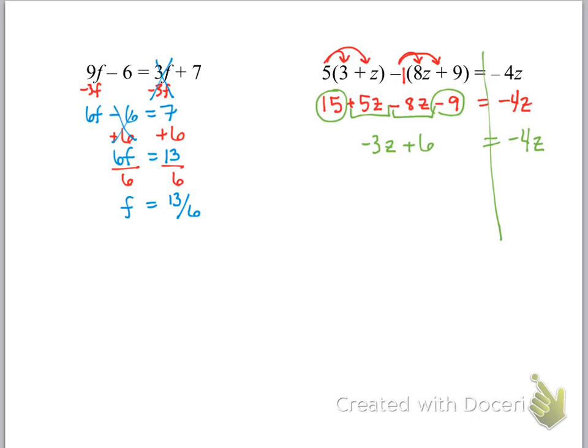Now I need all variables on one side, so I'm going to add 3z to the right side. That'll give me 6 equals negative 1z. Multiply or divide. So z equals negative 6. And remember again, I could check my answers if I wanted to.